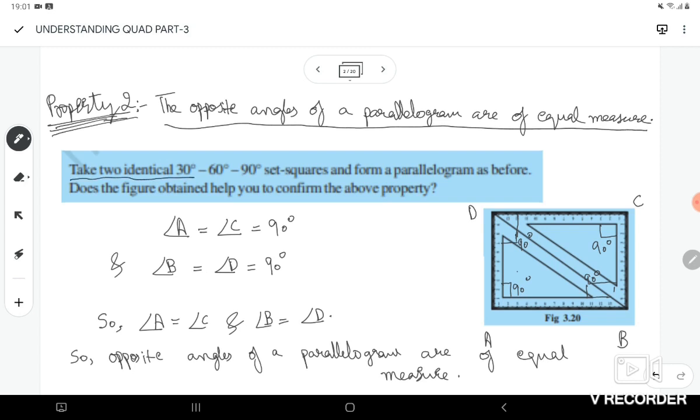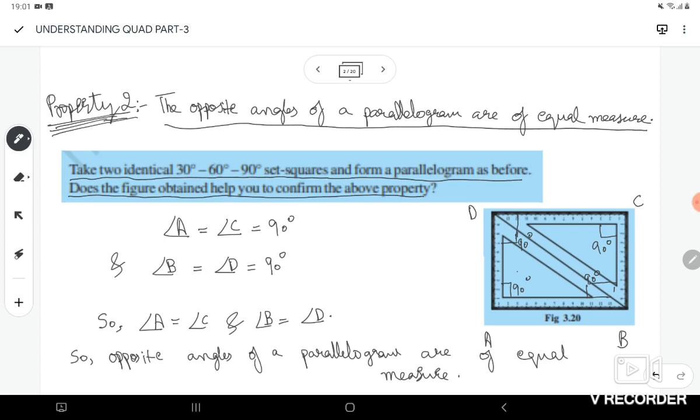Now how are we going to satisfy this? Same, we have to take two identical 30 degree, 60 degree and 90 degree set squares and form a parallelogram as we have formed before in the first property. Now we have to see, does the figure obtained help us to confirm the property?